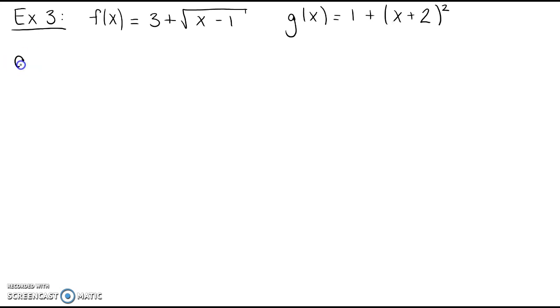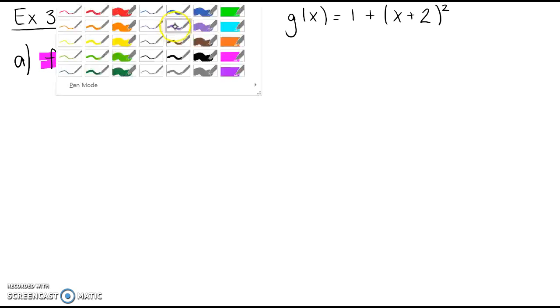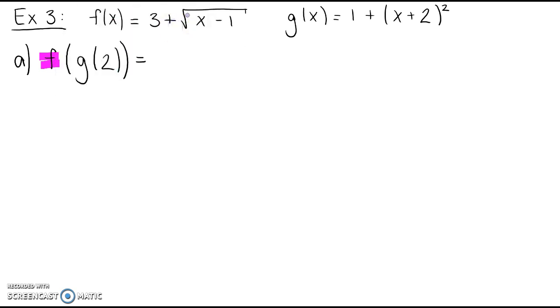So example A, we're going to do f of g of 2. So what we're going to do is start by writing out whatever the first function is, which is f. So I'm going to start writing the f of x function. 3 plus square root. But now I get to the x value.